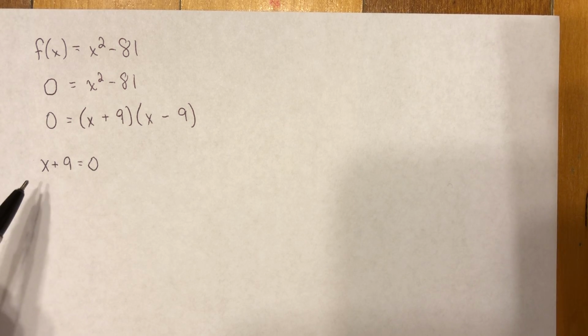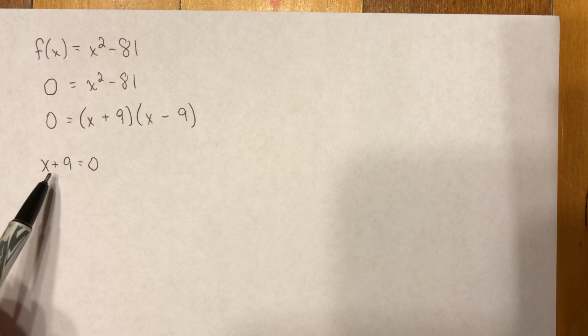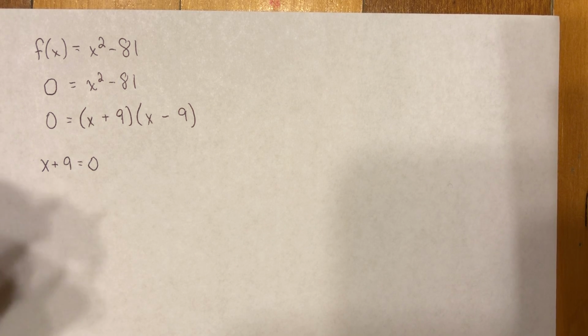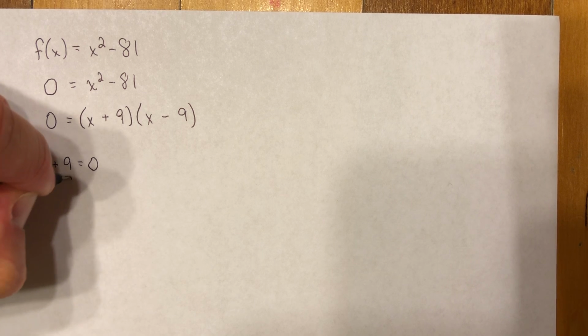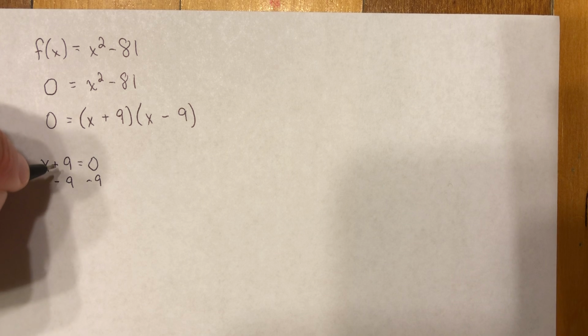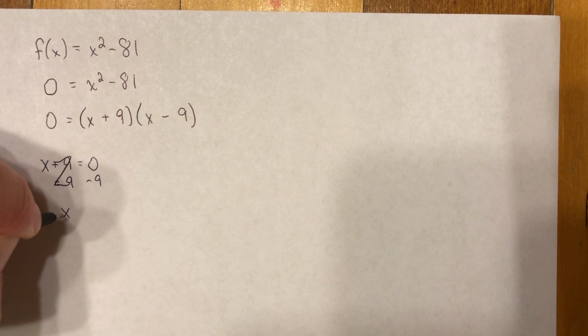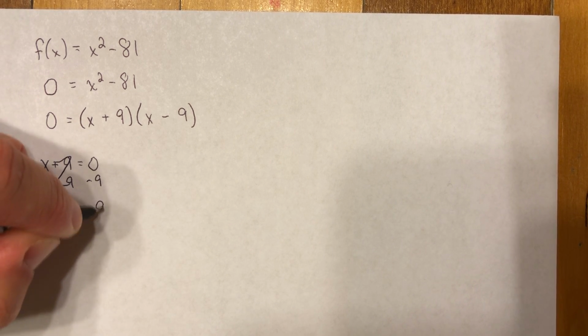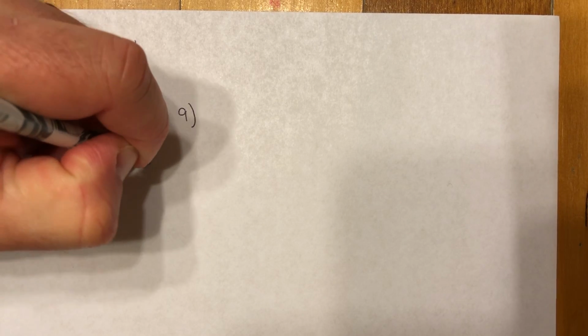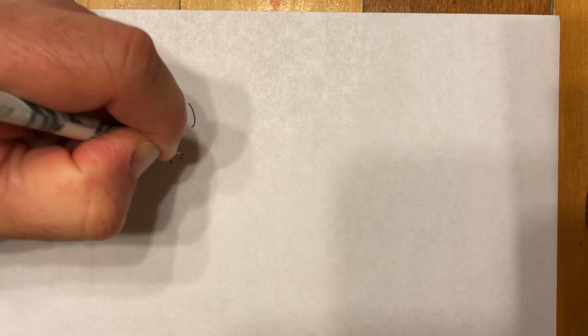Okay, the idea here is we want to figure out what number, when 9 is added to it, gives us 0. If you're not sure what that is, you can always follow the simple rules for a one-step equation by subtracting 9 from both sides. So we 0 out, and x equals negative 9. We're going to do the same thing with our second binomial, x minus 9 equals 0.